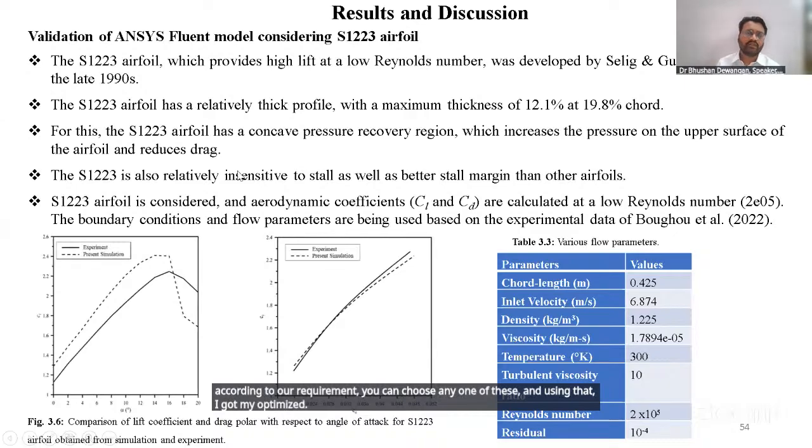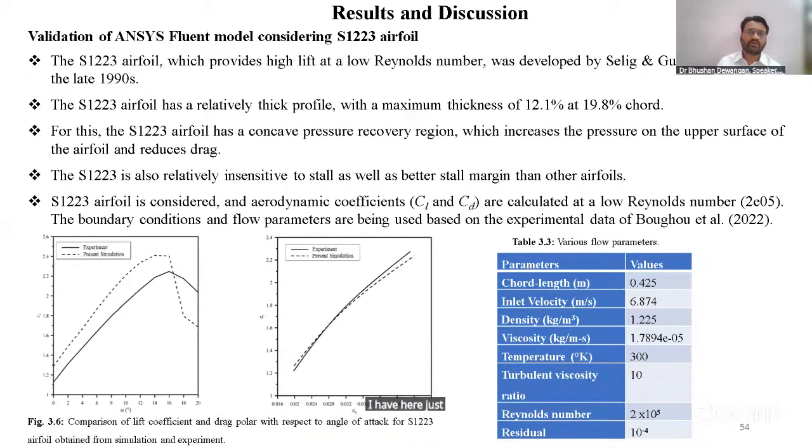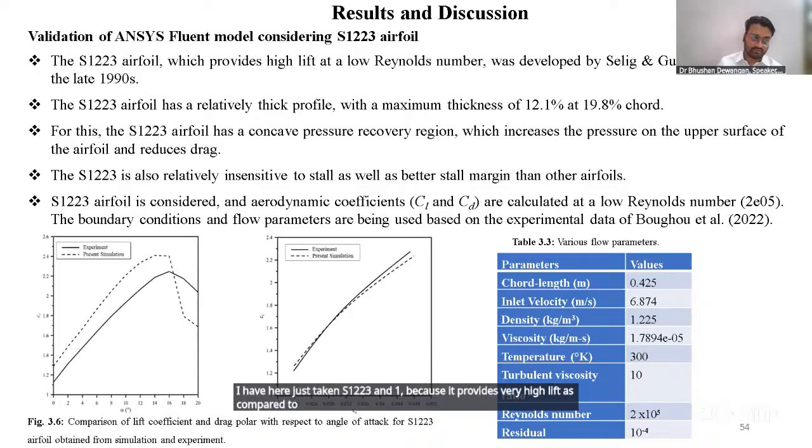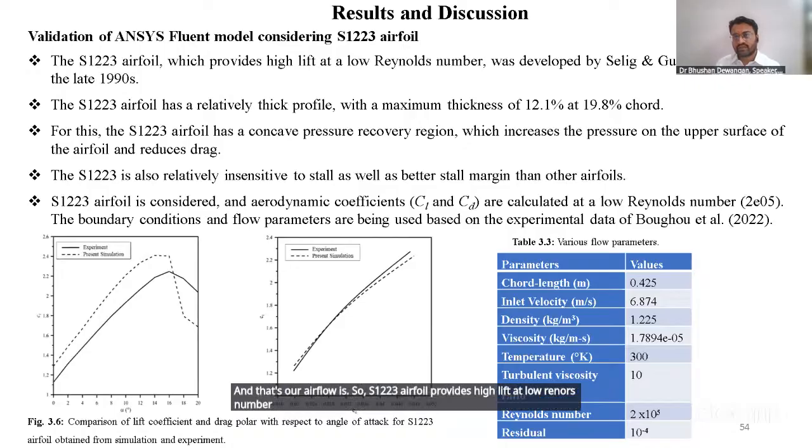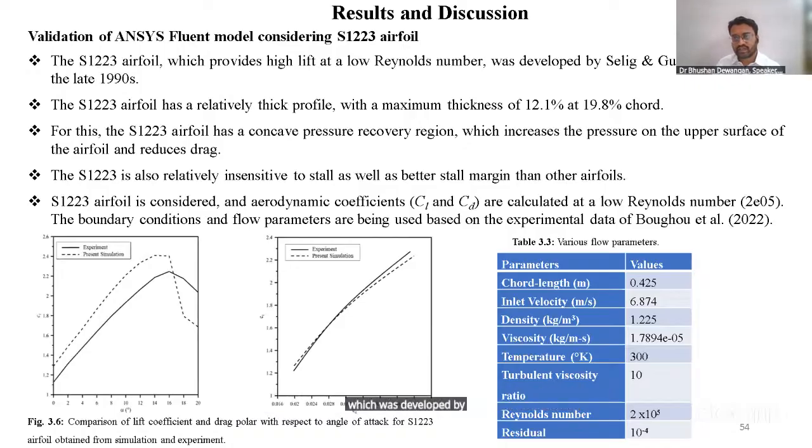I have taken the S1223 airfoil because it provides very high lift compared to other NASA airfoils. The S1223 airfoil provides high lift at low Reynolds number, and was developed by Selig and Giguere in the late 1990s.